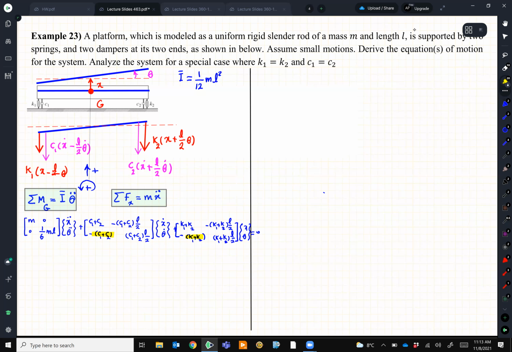No, it is not symmetric, but that's a good point. Usually they are symmetric, but in this one, the nature of x and theta are different. x is linear, theta is rotation. That's why one of them doesn't have L over 2. And please write one of these. When I simplified, I made a few mistakes when I wrote them, so it's good practice to do this.